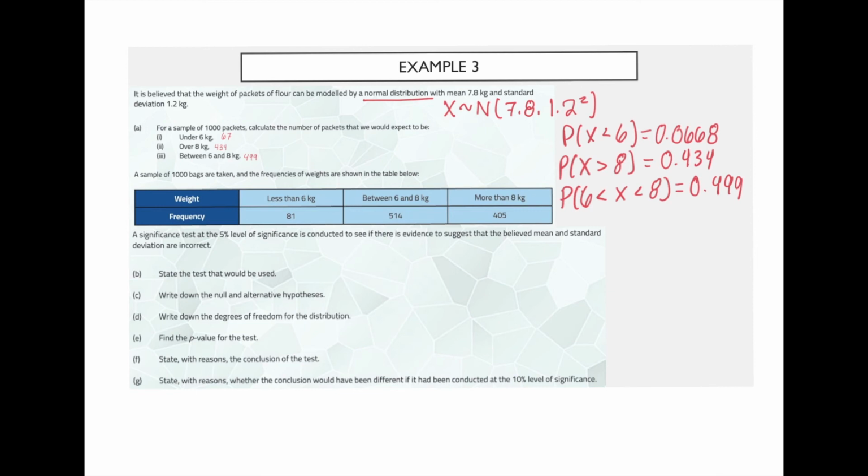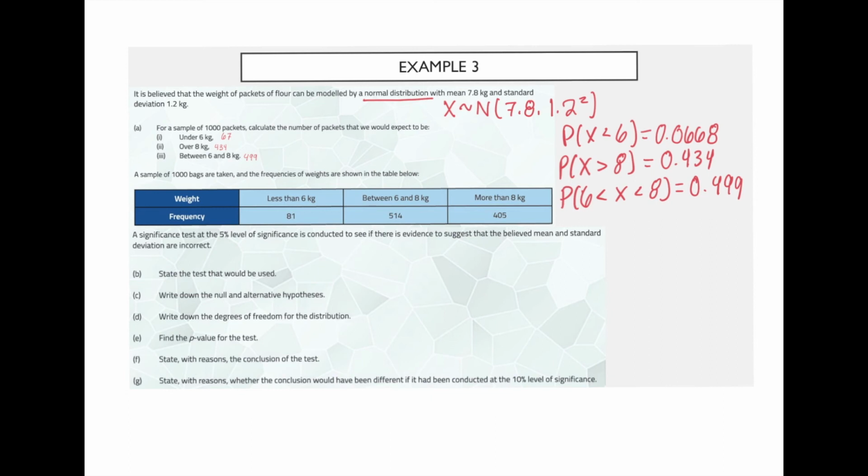Next, a sample of 1,000 bags are taken and the frequencies of the weights are shown below. So now there's 1,000 bags that are taken and these are the observed data. A significance test at 5% level of significance is conducted to see if there is evidence to suggest that the believed mean and standard deviation is incorrect.